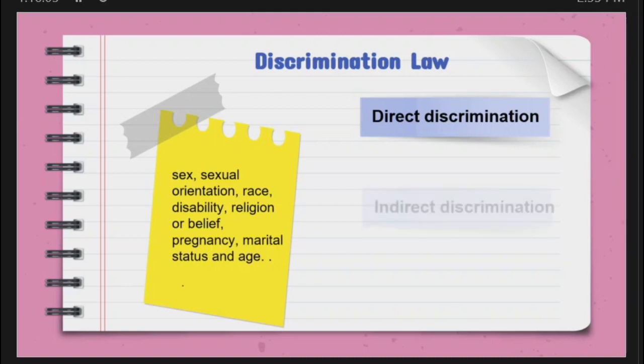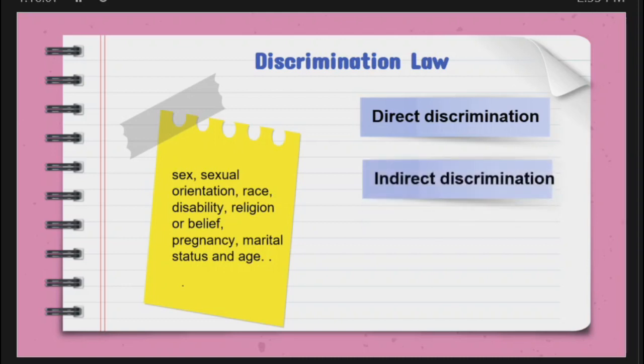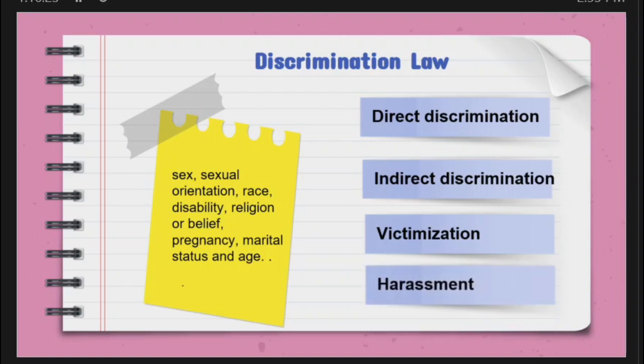And then indirect discrimination, such as requiring a devout employee to work on a holiday. Victimization, such as refusing to give a reference to a former employee who brought a race discrimination claim against the organization. And then harassment, such as teasing someone about their sexual orientation.